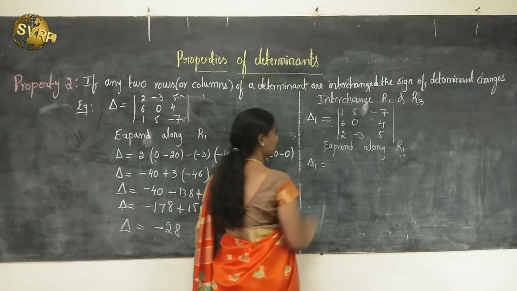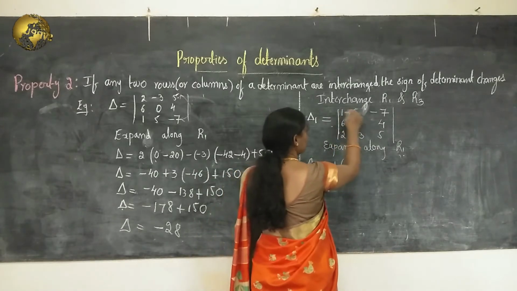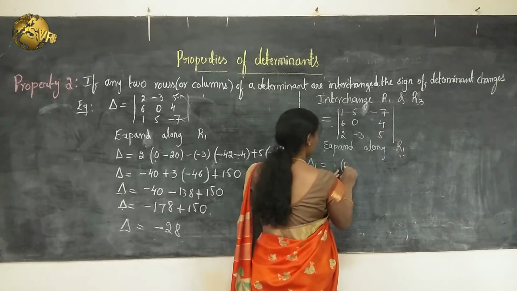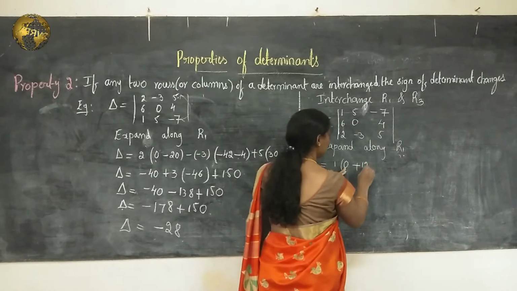So delta 1 is equal to, see, first row 1 into, like this, 0 minus 12, that is plus 12.